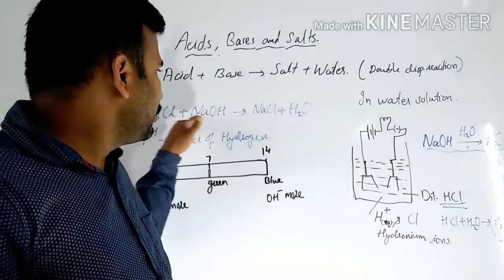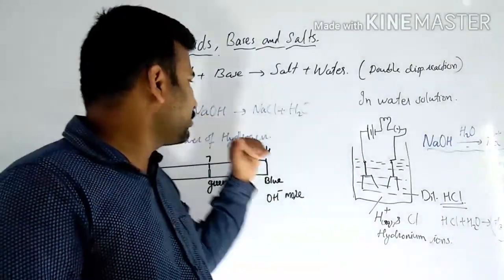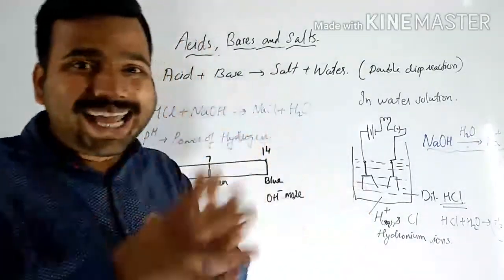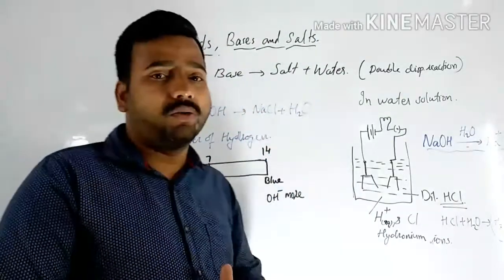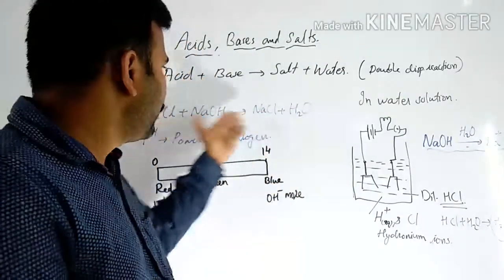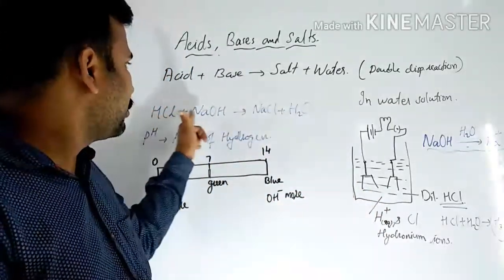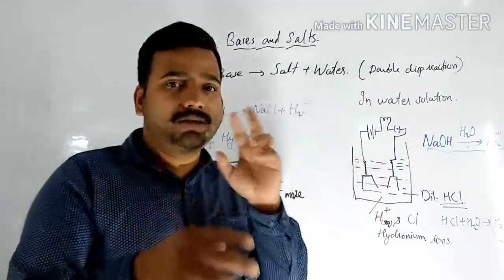When you mix these two solutions, hydrochloric acid solution and sodium hydroxide solution, they will react to form sodium chloride and water. They are exchanging their ions. As a result, they lead to the formation of two products.